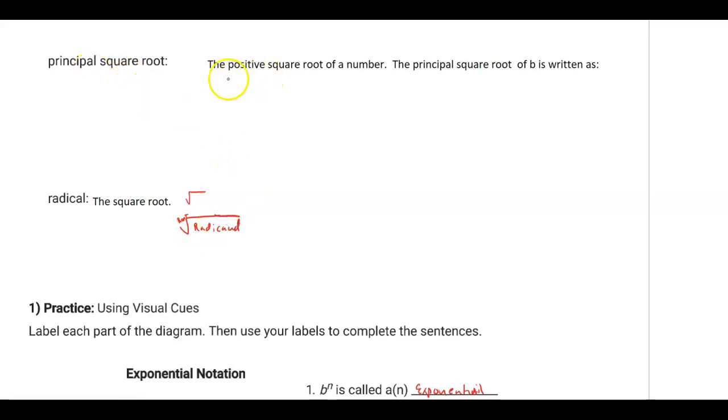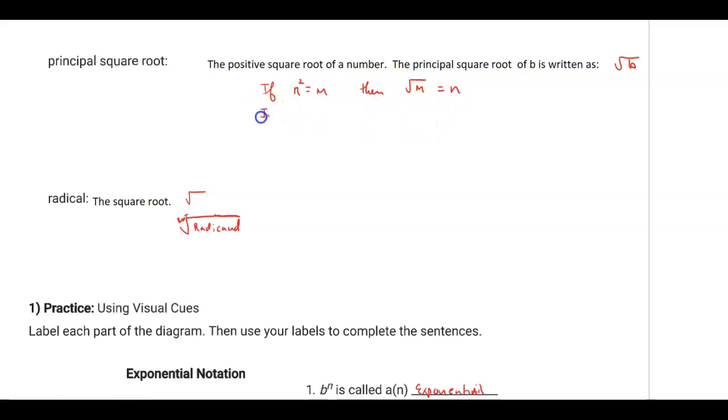And the principal square root is the positive square root of a number. The principal square root of b is written as the square root of b, which means the definition of it is if n squared equals m, then the square root of m is n.